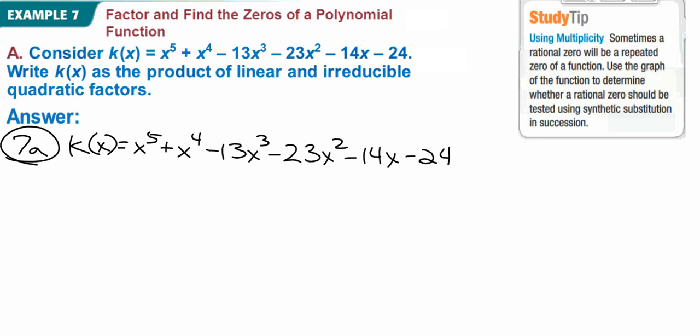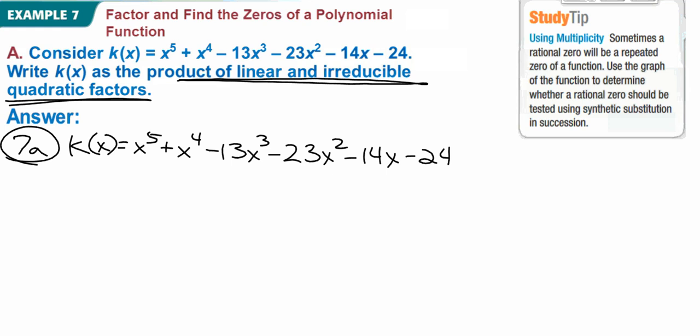And it says write k of x as a product of linear and irreducible quadratic factors. So that means if that last one won't factor under the real numbers, we just leave it as x squared, whatever, and probably it's just going to be that one.